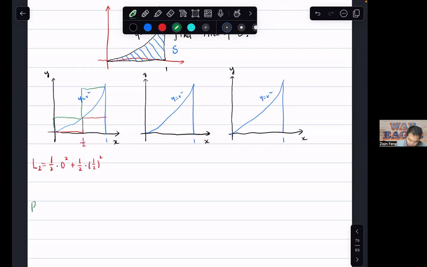So R2 is basically 1/2 times 1/2 squared plus 1/2 times 2/2 squared, right? And so now you can see that the area of S is between them, right?